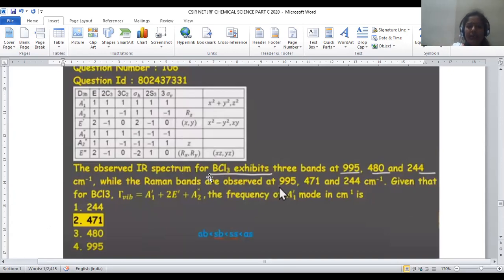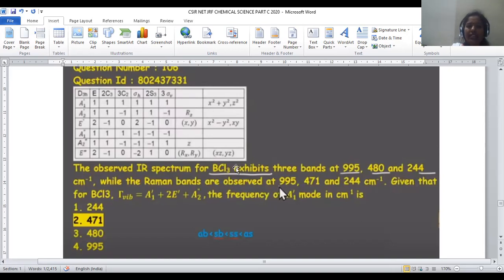The observed IR spectrum for BCl3 exhibits 3 bands at 995, 480, 244 centimeter inverse, while Raman bands are observed at 995, 471, 244 centimeter inverse. Given that the BCl3 vibrational representation is A1 dash plus 2E dash plus 2 A2 double dash, the frequency of the A1 dash mode in centimeter inverse is.